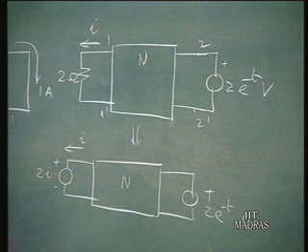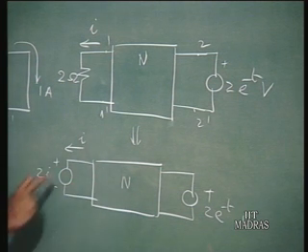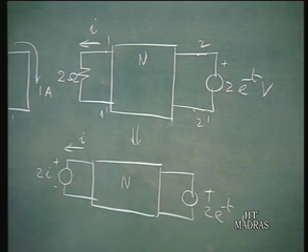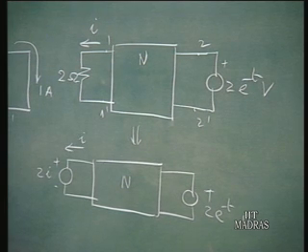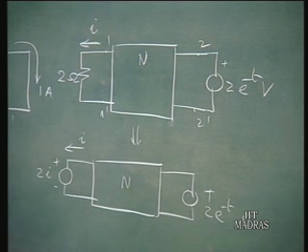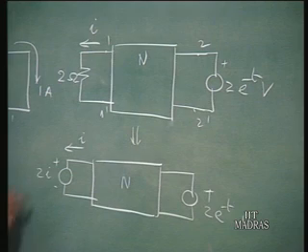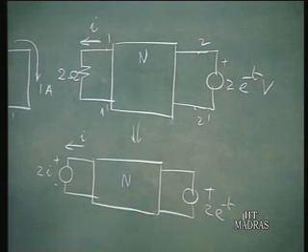Now, we have this 2-port network acted upon by 2 sources at port 1 and port 2. We can use the superposition theorem and find out the contribution to this current from this voltage source and this voltage source in turn.